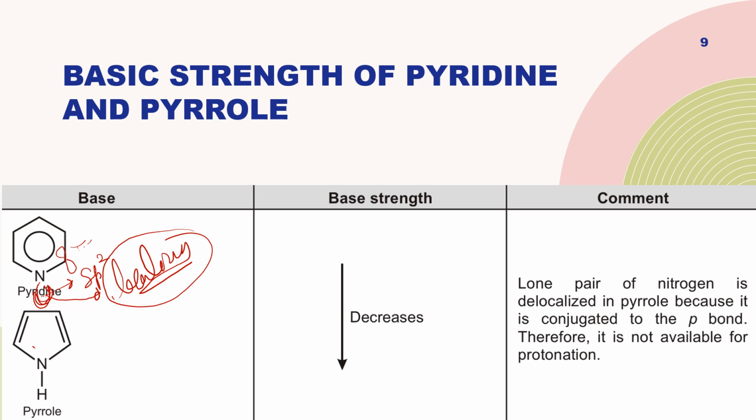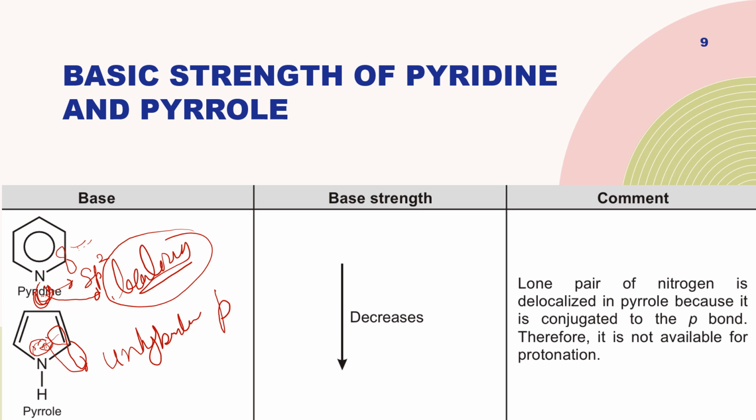But in the case of pyrrole, the lone pair is present in an unhybridized p orbital. The plane of the unhybridized p orbital is similar to the plane of the carbon p orbital, which is making the pi bond. That's why the lone pair of pyrrole can easily make a pi bond with the carbon p orbital, because their plane is the same.